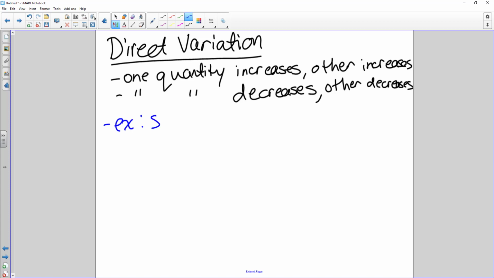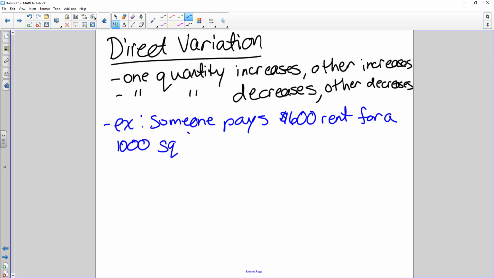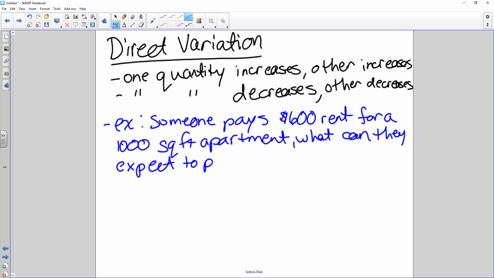If someone pays $600 rent for a 1,000 square foot apartment, what can they expect to pay for a 1,800 square foot apartment?